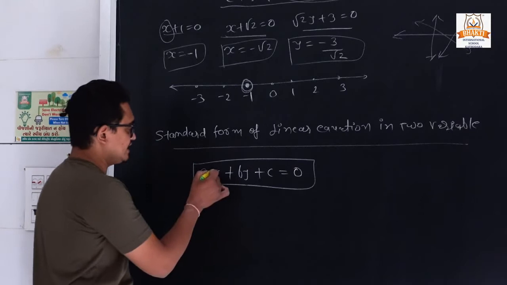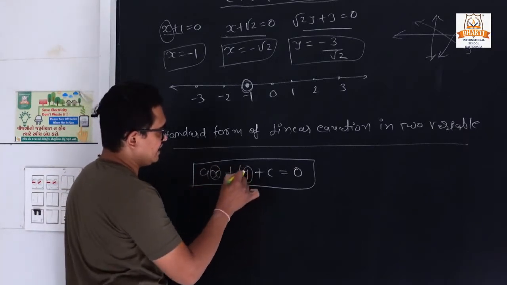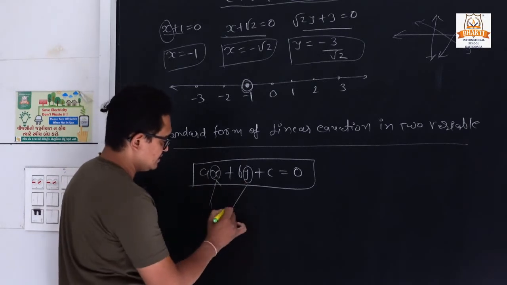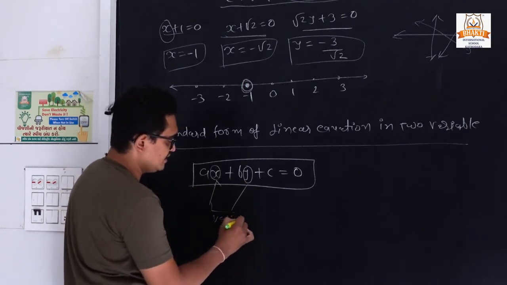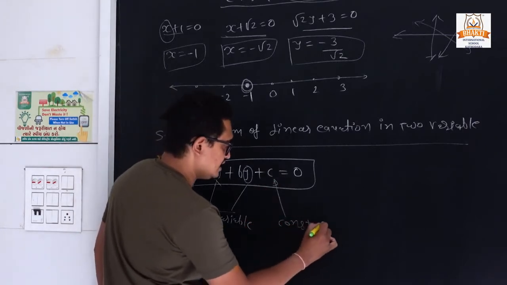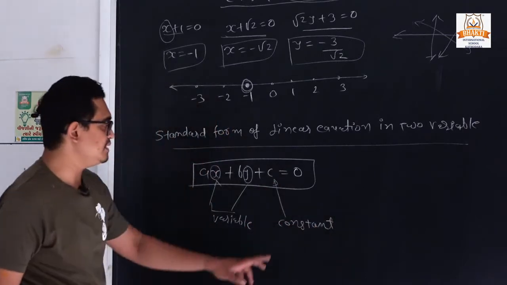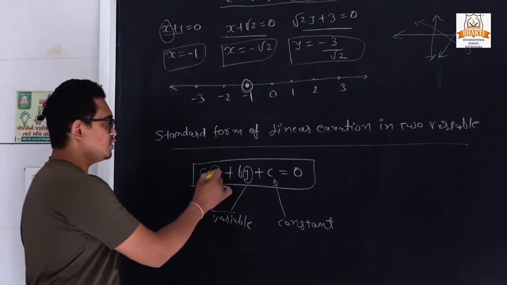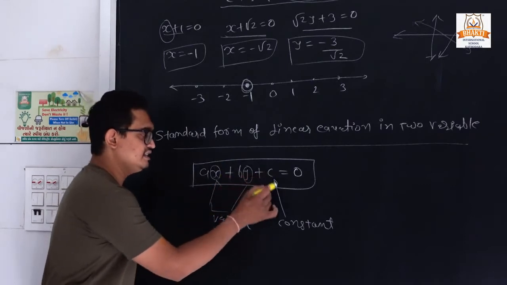Clear? Here x and y are the two variables, and c is our constant. The value of c remains constant during the equation.